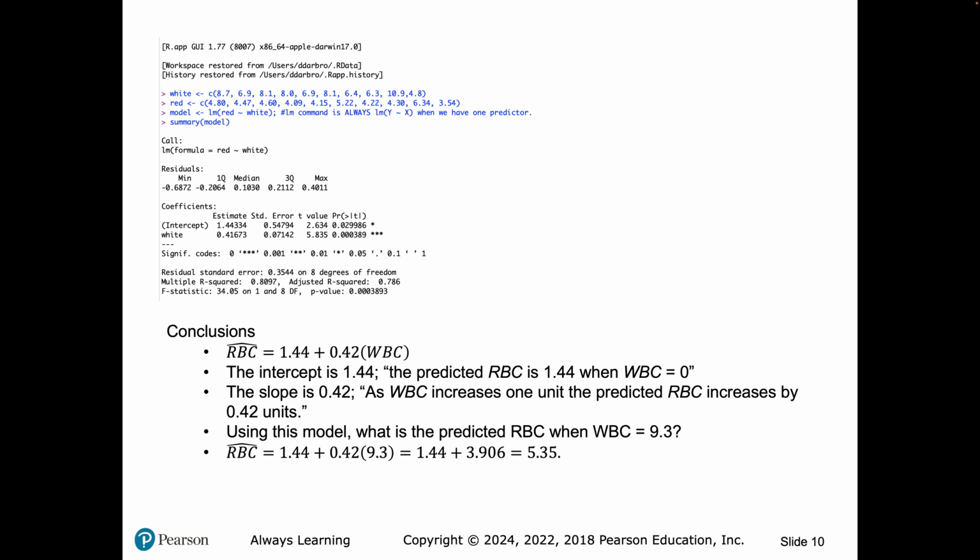To use this model to make a predicted red blood count, when we have, for example, a white blood count equal 9.3, we can say that their predicted blood count can be found by just putting 9.3 into our model, and we would predict that person's blood count based on their white blood count being 9.3 to be 5.35.